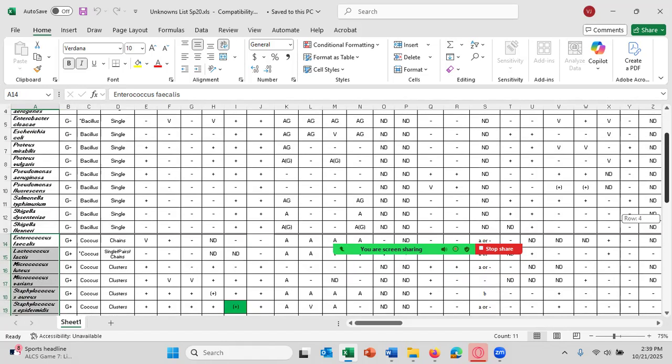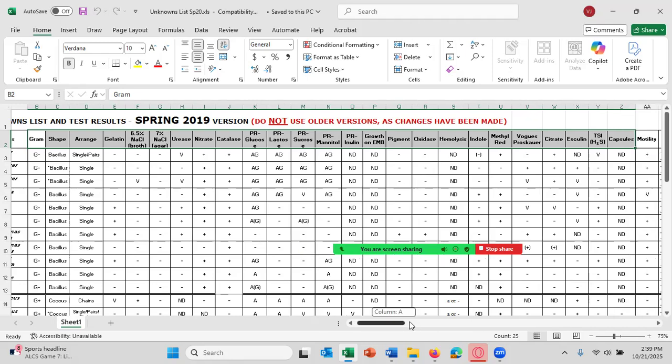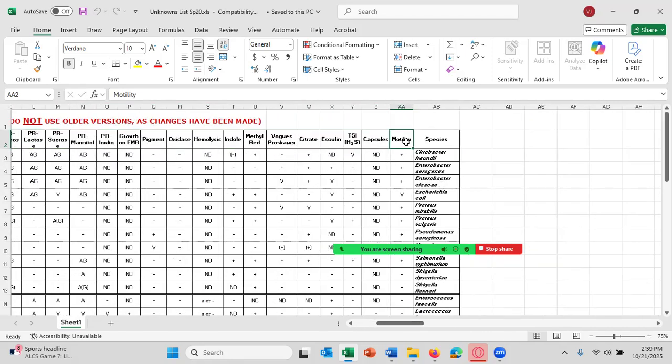And here are the tests that you can request, up on the top.